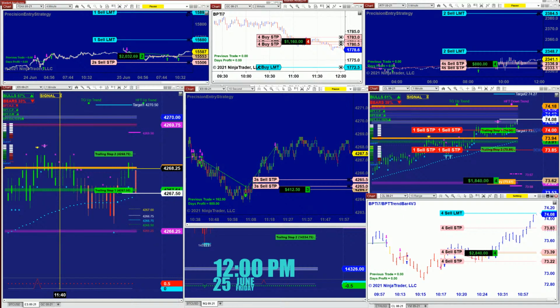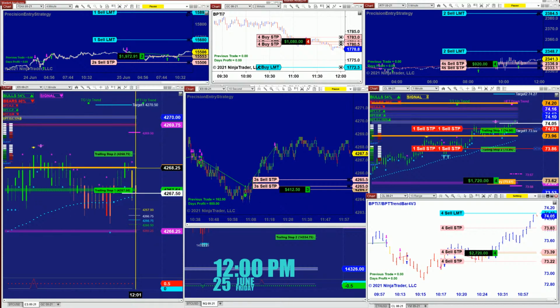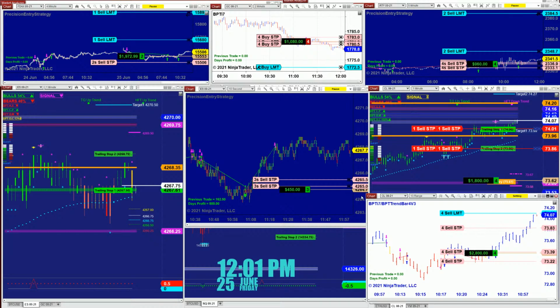The longer it tries, the more it's going to go against you. For half an hour, that ES was not able to close above that line. Now on the CL, right at the clock, we hit the target.